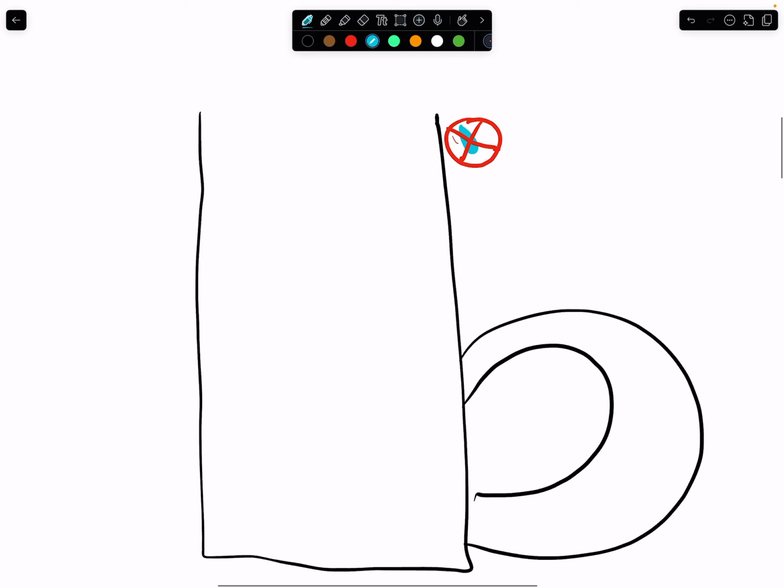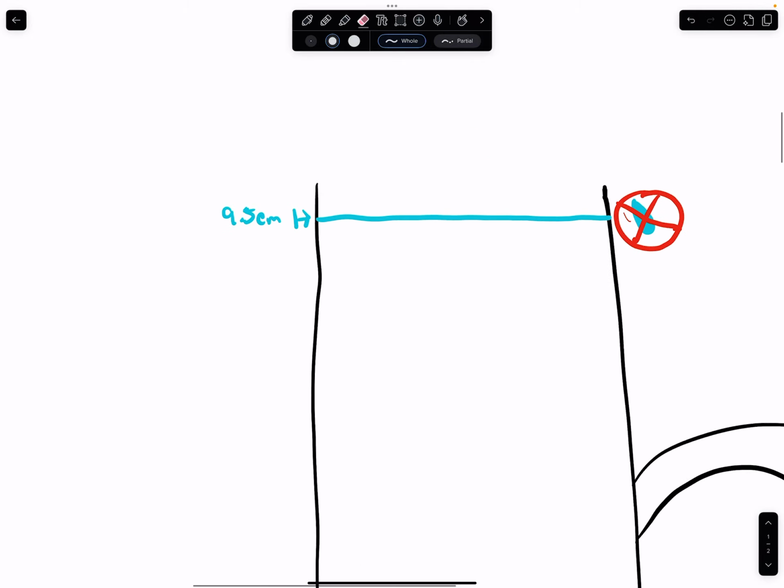So let's say that in the first pour, let's call him Jimmy. Let's say Jimmy pours up to 9.5 centimeters. And let's say that he's not satisfied with this. He wants more. So let's say he pours again.